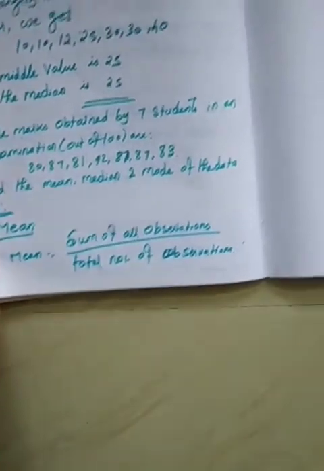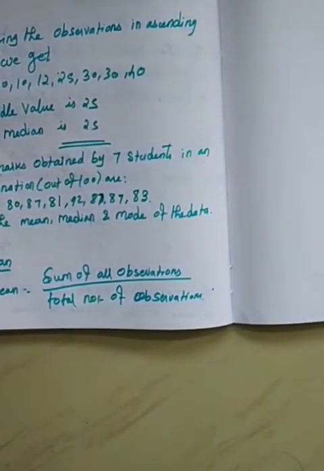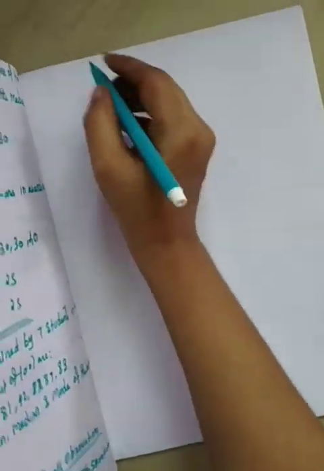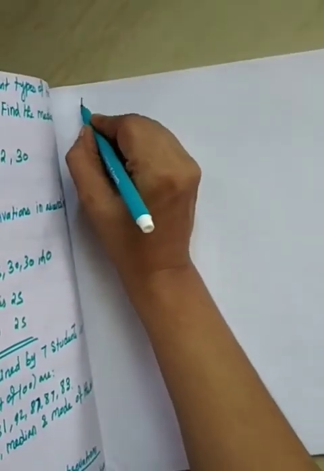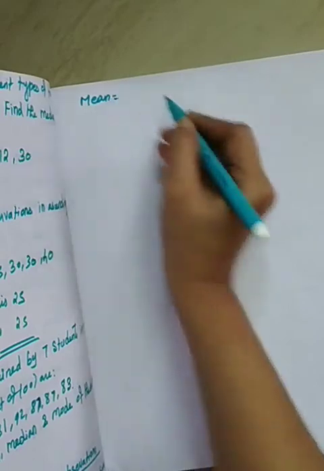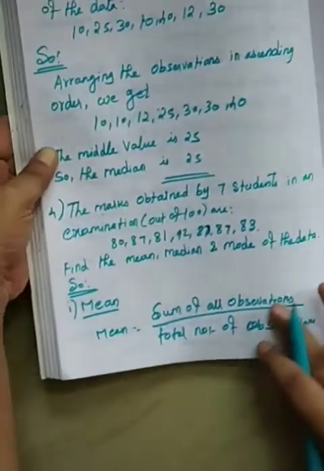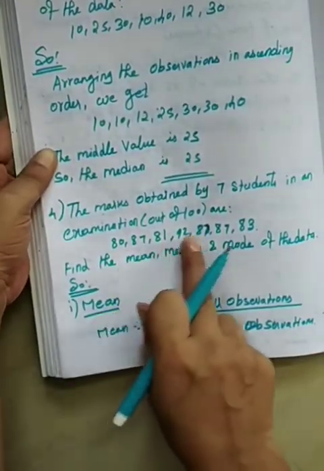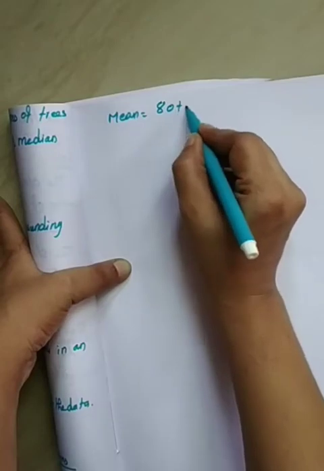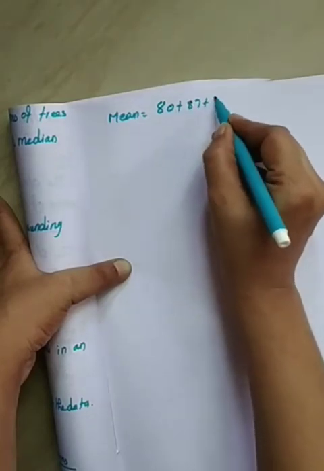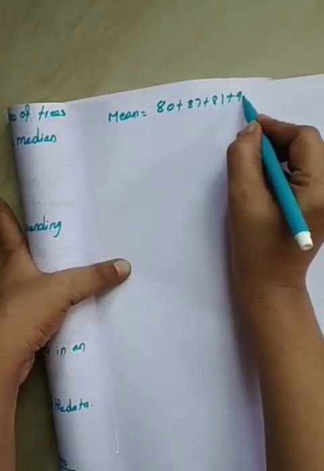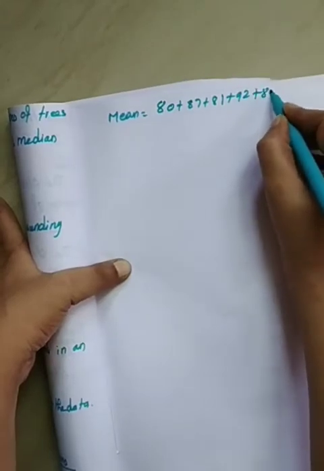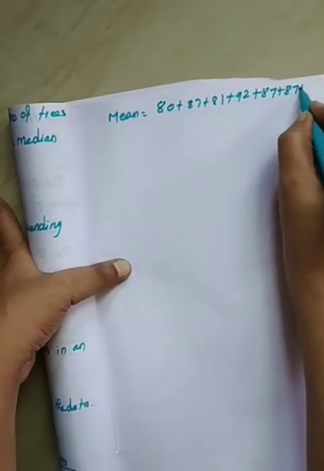Okay, now you have to find the mean. That means, see here, sum of all observations. So first of all, you have to sum all these terms. Okay, you write the value: 80 plus 87 plus 81 plus 92 plus 87 plus 87 plus 83.